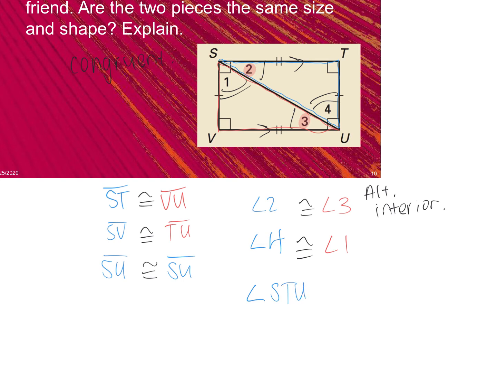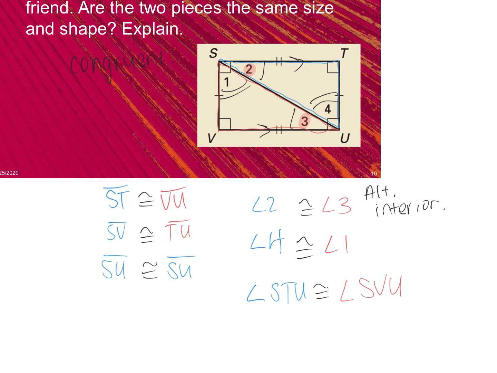Angle STU is congruent to SVU. You could have also just said angle T is congruent to angle V. That's what you were trying to say.